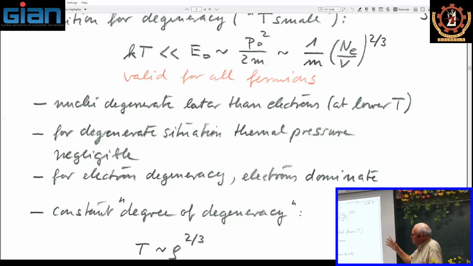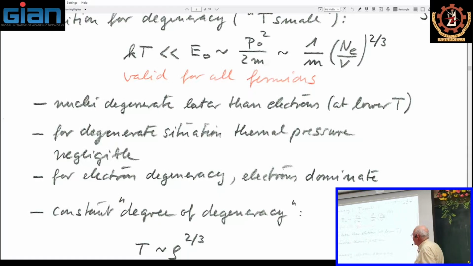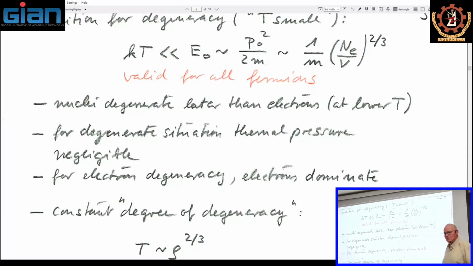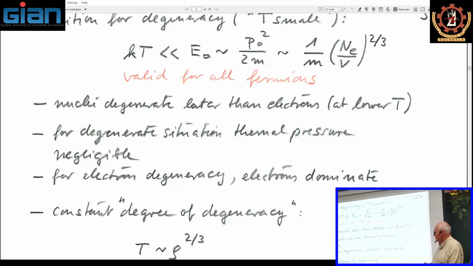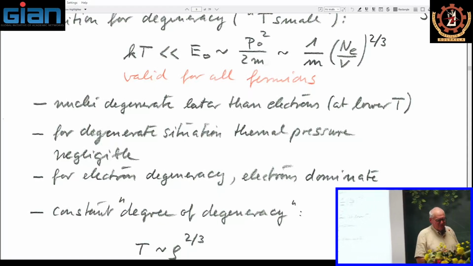If we would like to keep this ratio of thermal energy and degeneracy energy constant, then the temperature would have to go with the density to the 2/3. Only then do we have a constant degree of degeneracy. This will become more important later.